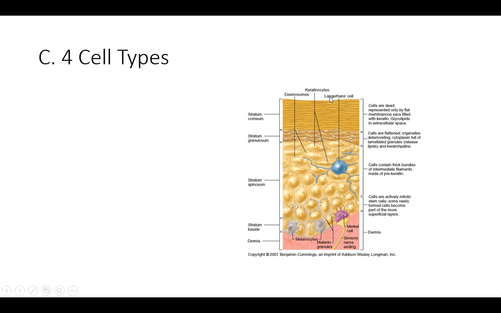So over here in this diagram, all of these yellow looking blobs are cells. Now the cells are big and squishy down here, and as you move up, up, up, they get flat and compact. Everything that's yellow here exists within the epidermis.